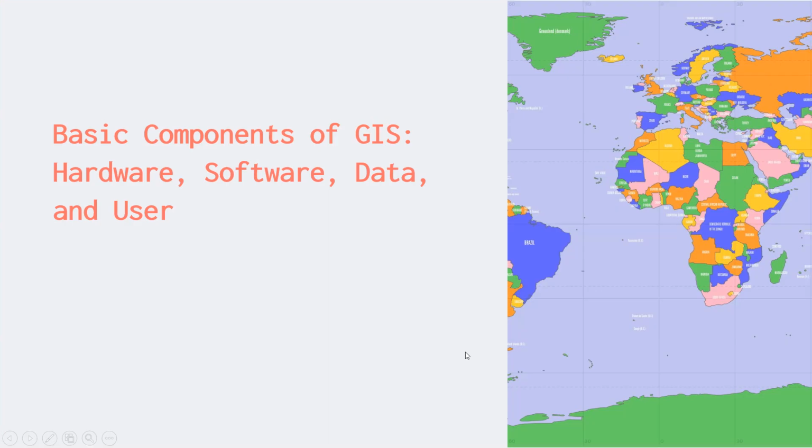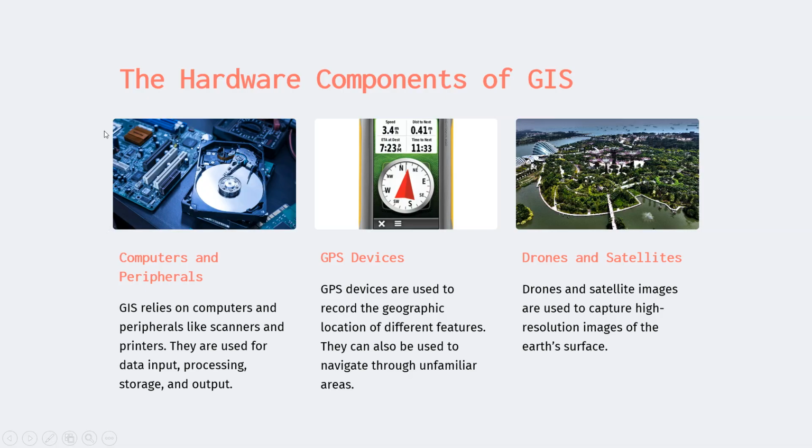And now we come to the basic concept of hardware, software, data and user. You know everything, still I will go over it a little bit. The hardware, what is the hardware and how you use it. In the earlier model, we used hard disks to store the data, and there was data input, processing and the storage system.